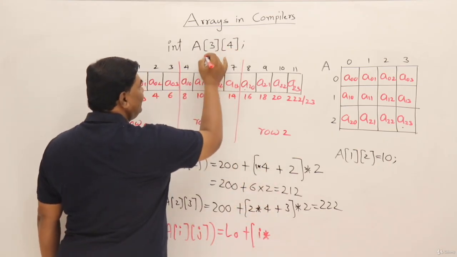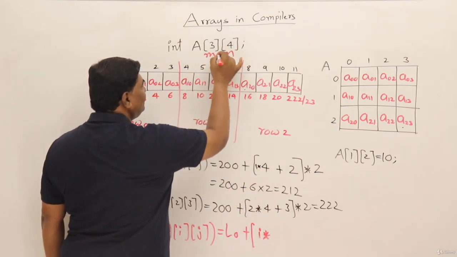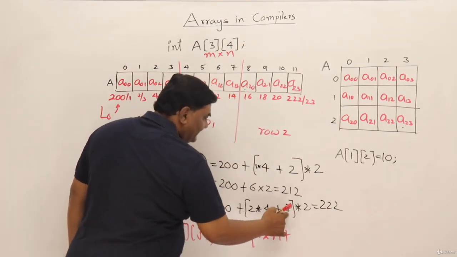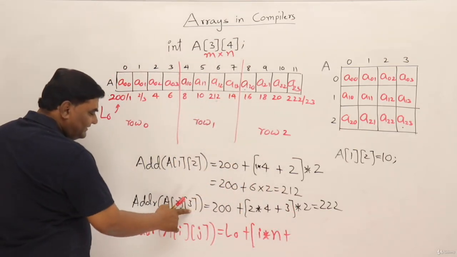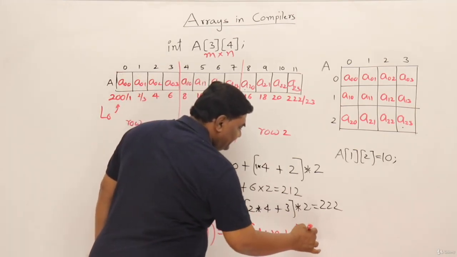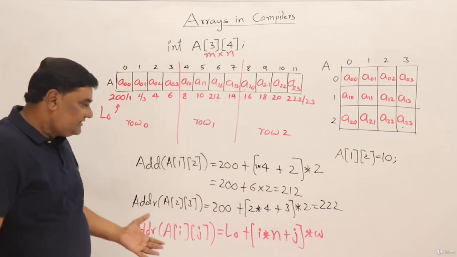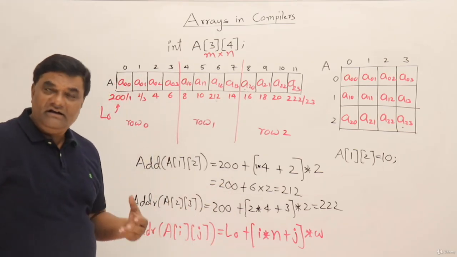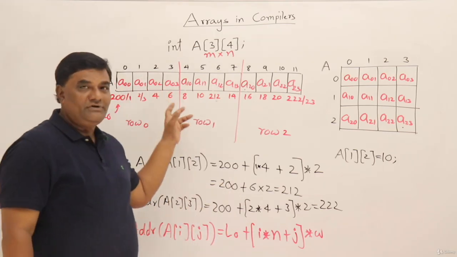Let us call this m cross n, so this is n, plus j, the third element, and this whole thing multiplied by w. So this is the row major formula used by compilers for obtaining the address of elements of a two-dimensional array.